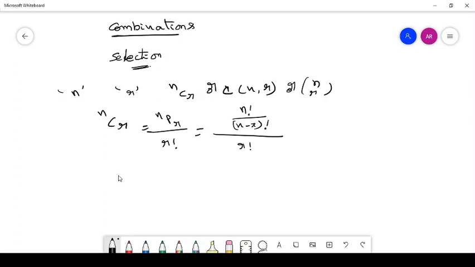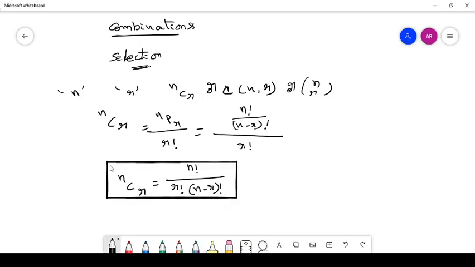So this can be written as nCr is equal to n factorial by r factorial into (n minus r) factorial. This is the important result in combinations. The definition of the combinations nCr is n factorial by r factorial into (n minus r) factorial.